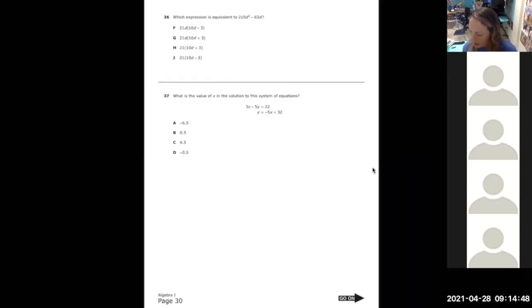Number 36 says which expression is equivalent to 210d squared and -63d. So what we can do for this one is we can plug in that first equation to y equals, and then figure out which one of these equations is equal to it.